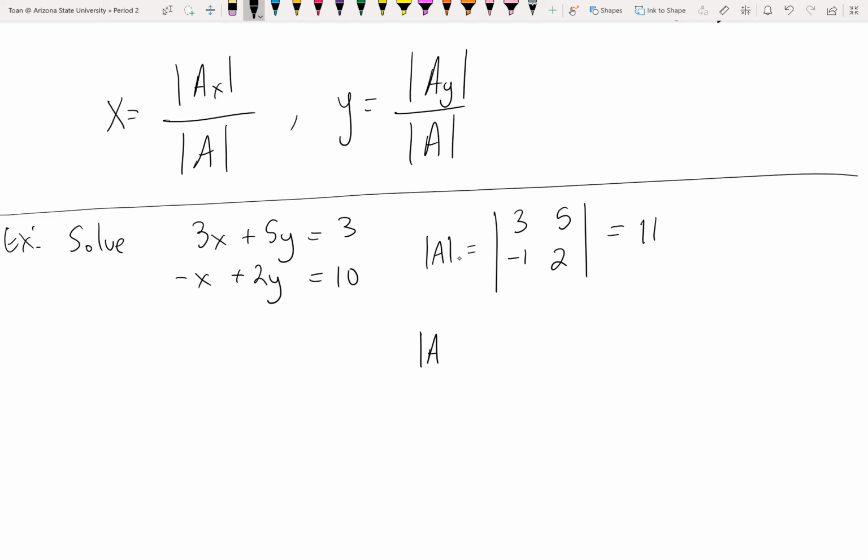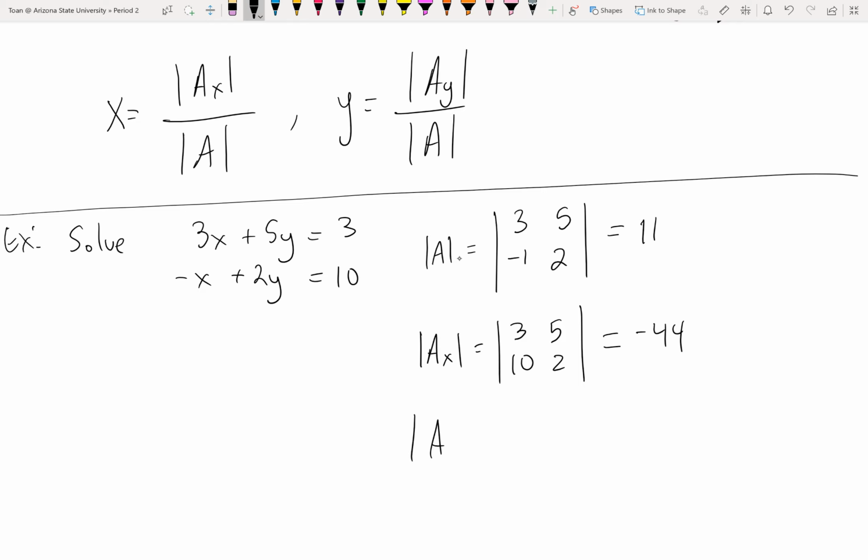The determinant of A sub x is taking the A matrix, but taking these numbers and substituting them into the x column. So that's going to be a 3, 10 in the x column with the 5, 2 staying the same. Let's see if we can do this in our heads. 6 minus 50, which is negative 44.